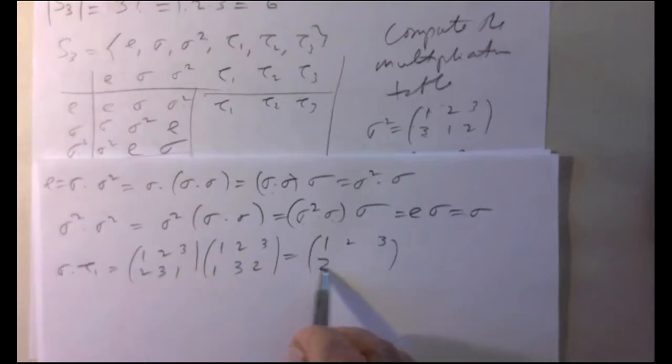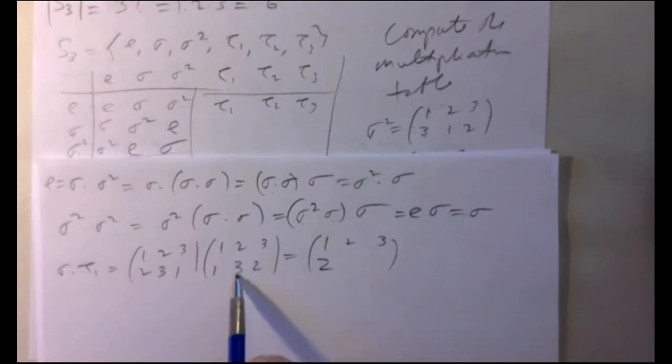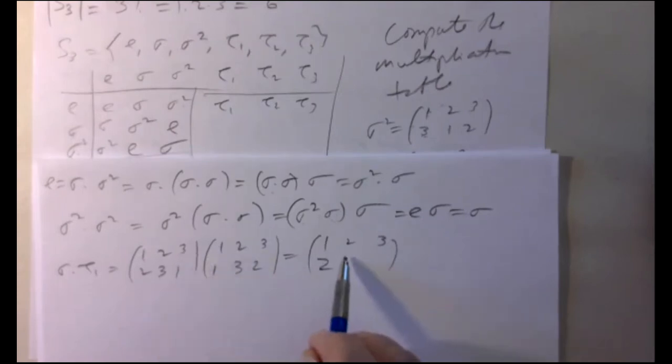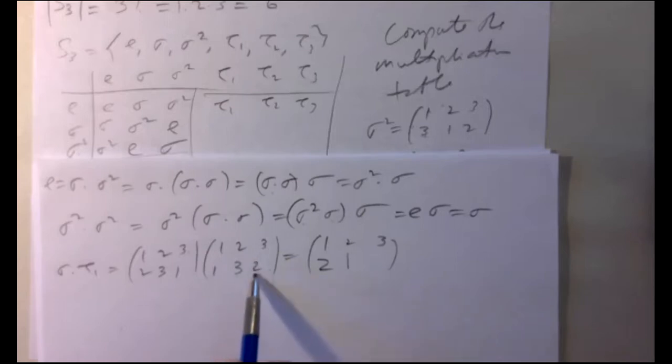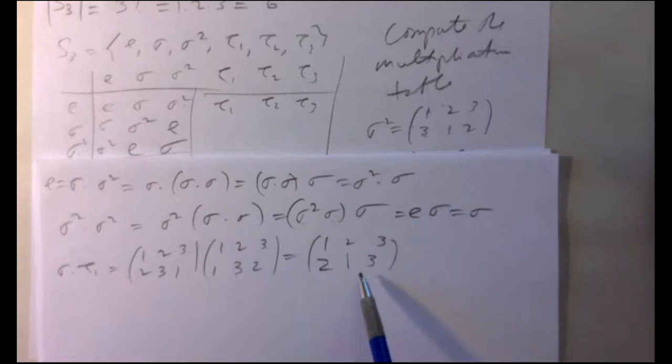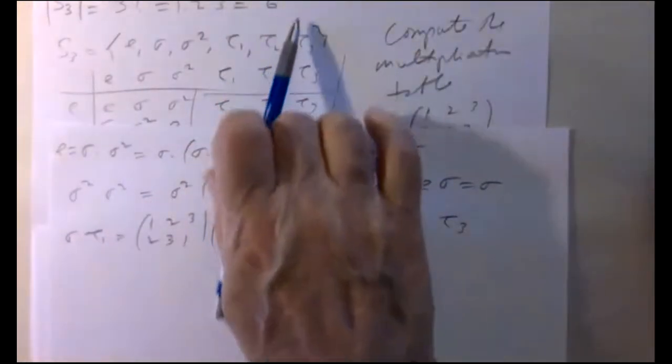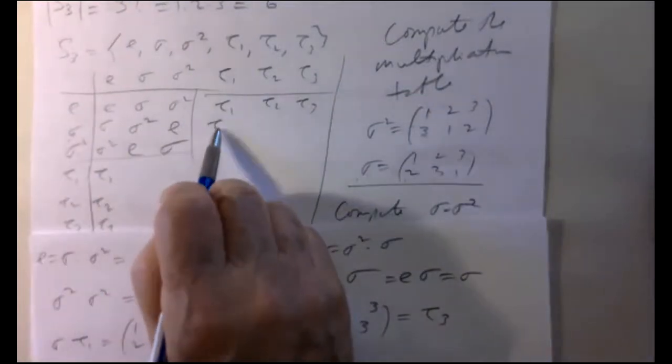So 1 goes to 2. 2 goes to 3, 3 goes to 1, so 2 ends up at 1. 3 goes to 2, 2 goes back to 3, so 3 goes back to 3. So sigma tau 1 is the permutation that fixes 3 and interchanges 1 and 2. That's what I call tau 3. So sigma tau 1 is tau 3.